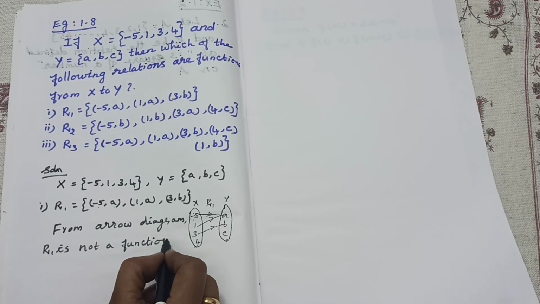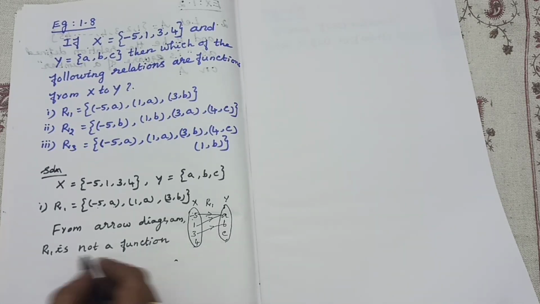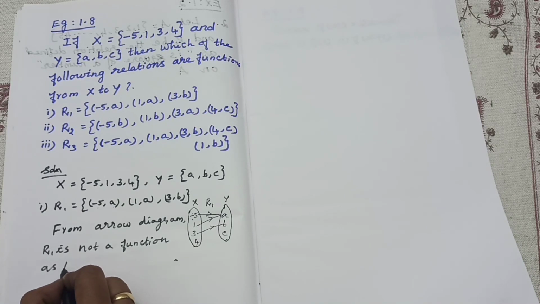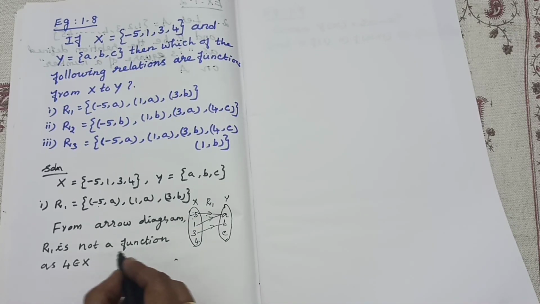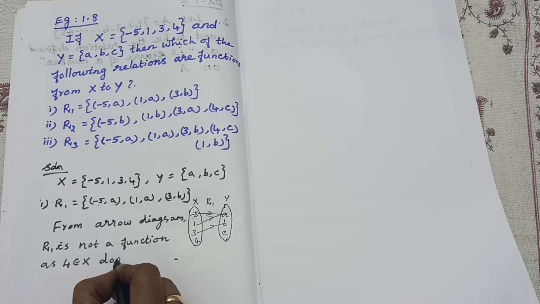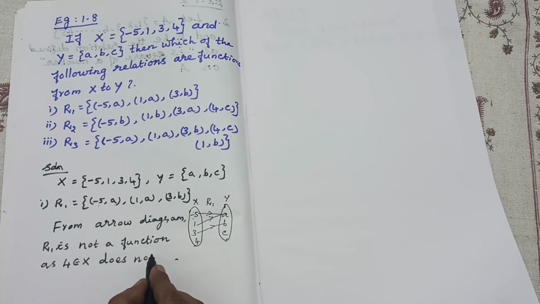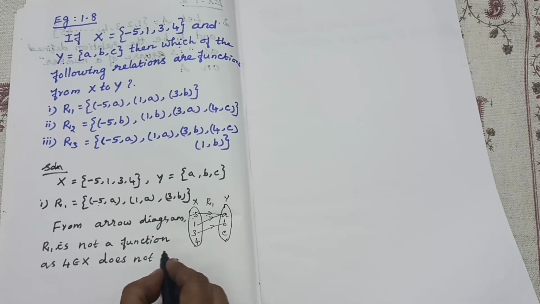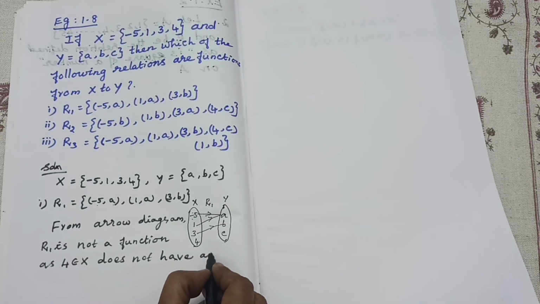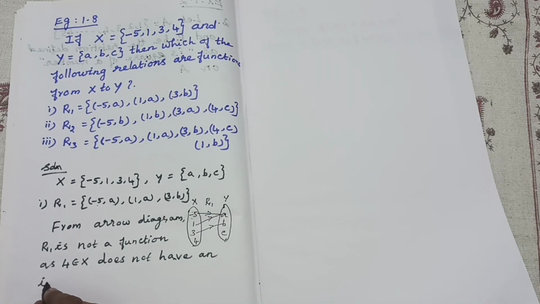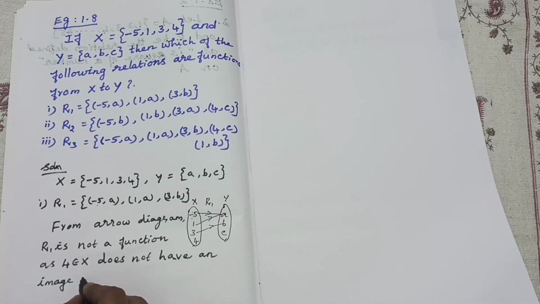Why? As 4 belongs to X, 4 belongs to the X elements, isn't it? It does not have an image in where?